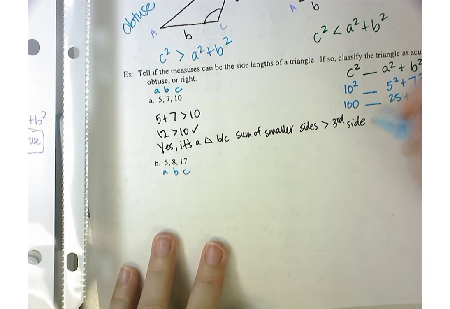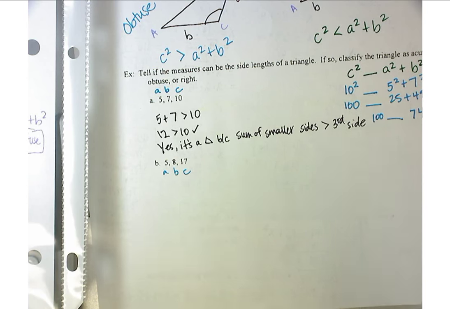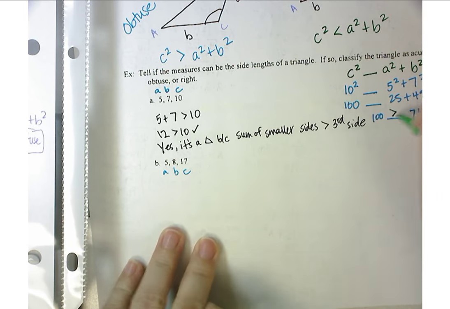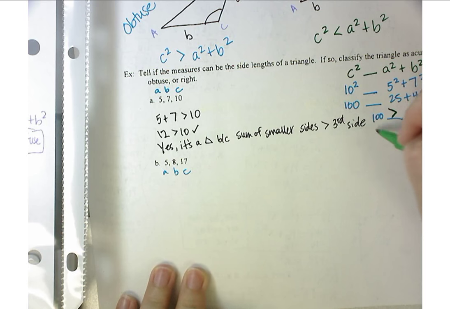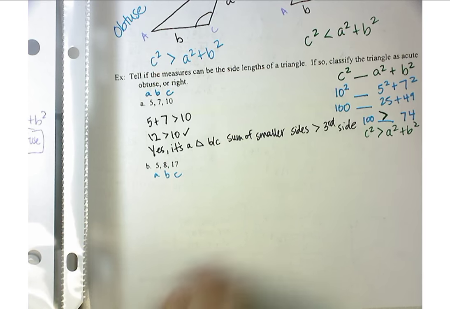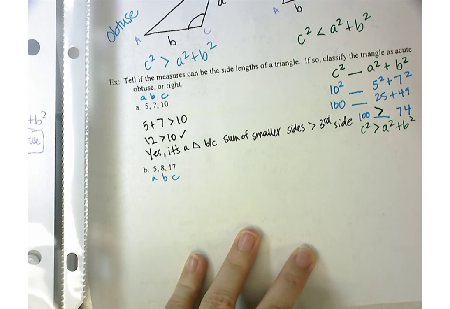If you add 25 and 49, you get 74. And I know that 100 is greater than 74. So because C squared is greater than A squared plus B squared, I know that the triangle is obtuse.